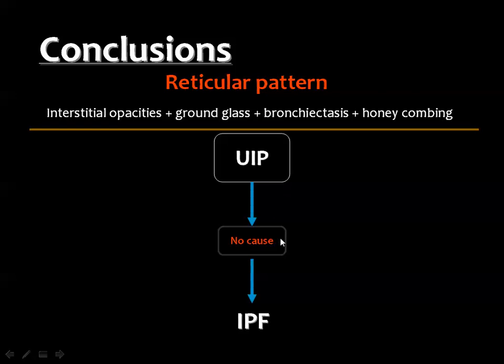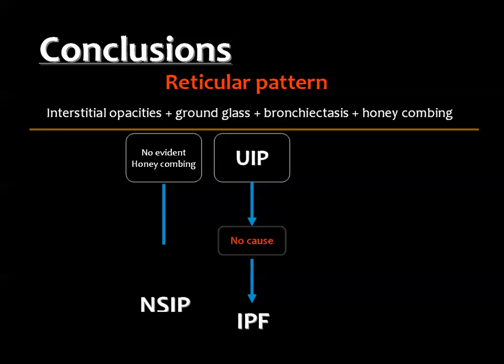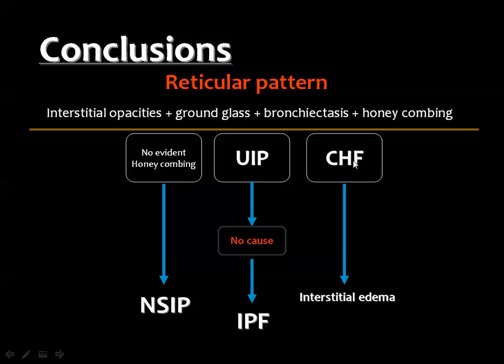And if you cannot identify an underlying pathology, then the diagnosis will be idiopathic pulmonary fibrosis. Then if you see these changes with no evident honeycombing or no honeycombing at all, then you are dealing with non-specific interstitial pneumonia.